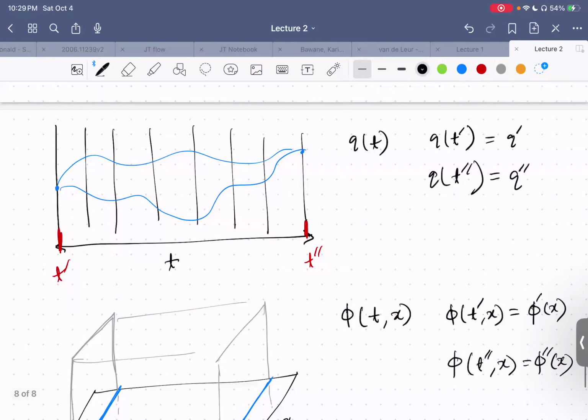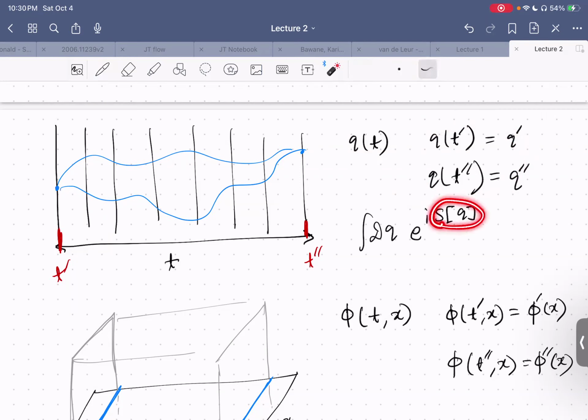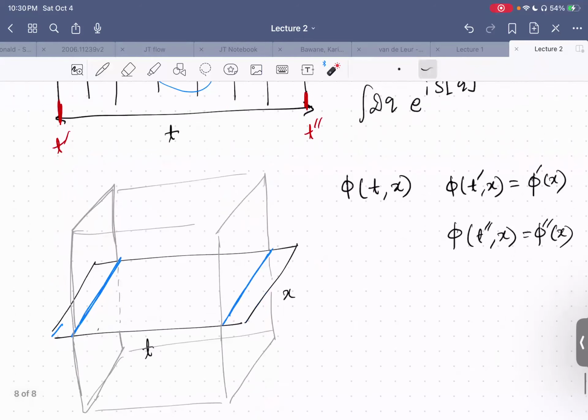And then the way that we build the path integration in this case, we said that you take a sum over all possible paths that satisfy these boundary conditions. And for each path, you put a phase. You figure out some way of computing a real number out of a function of time, and you put that in the exponent with i to make this phase. We will now say exactly the same thing here.